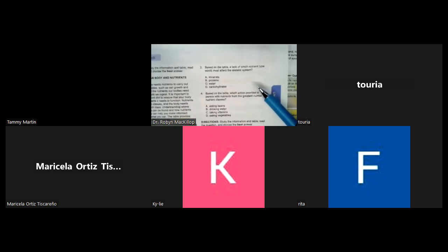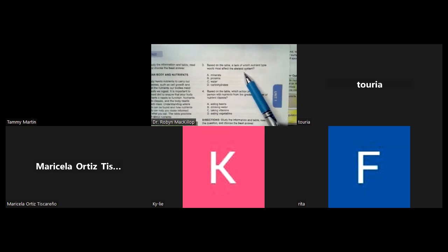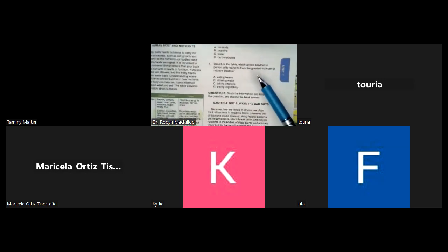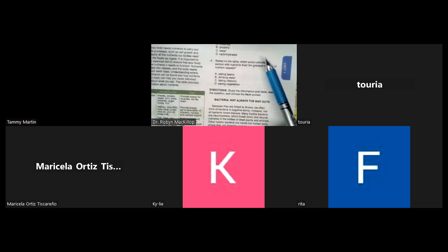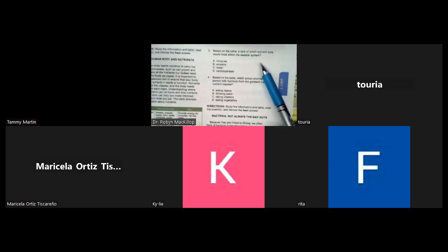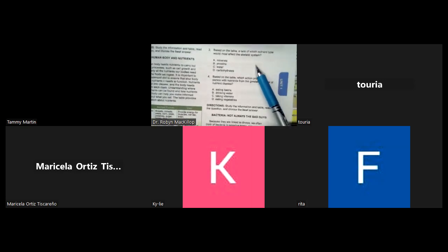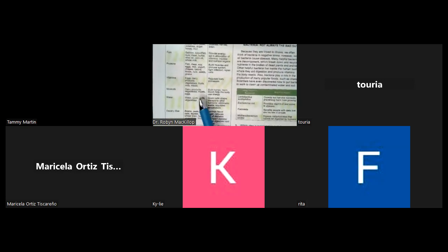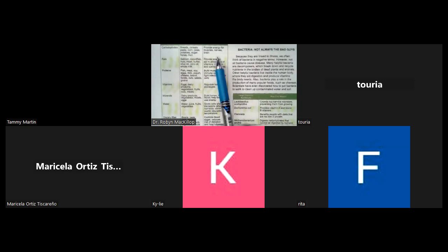All right, number 3, based on the table, a lack of what nutrient might most affect the skeletal system? Some of you will be able to answer that just because you have that knowledge, but let's go check. So we're dealing with something that would affect the bones. And we can check right here.